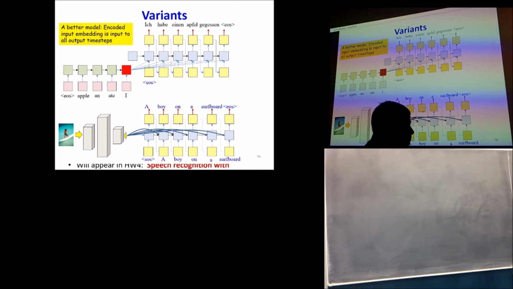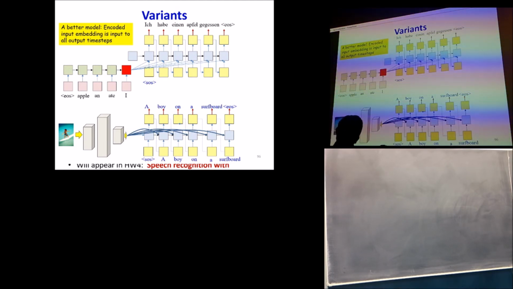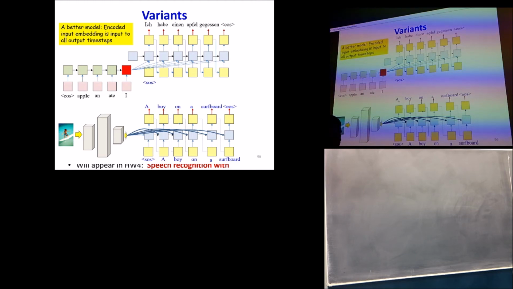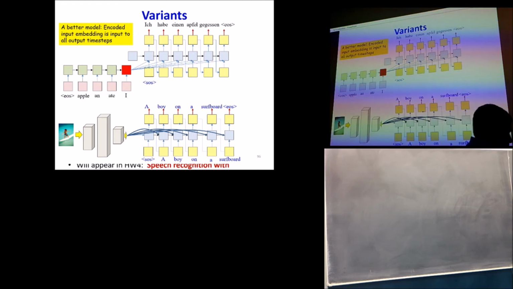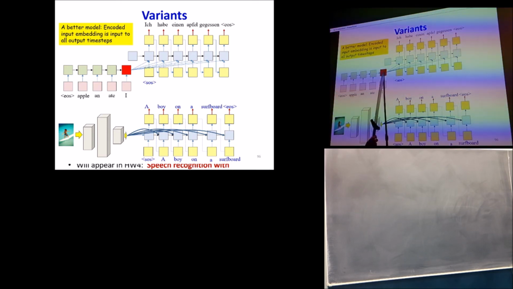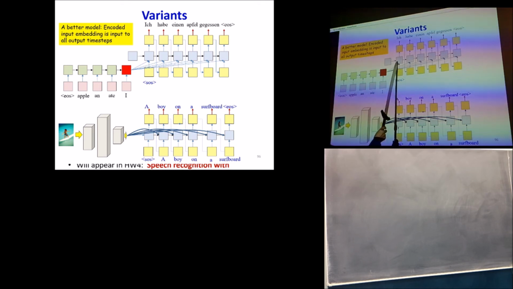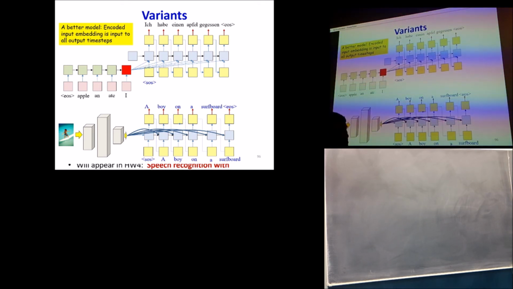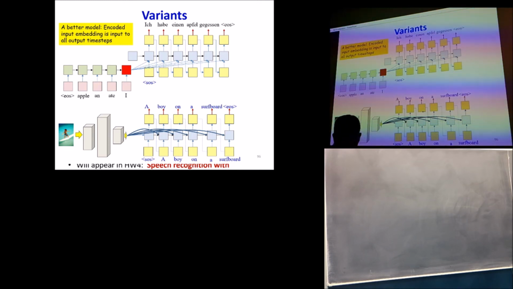Now, there are variants to this model. In the basic model, this hidden representation was fed once to the network, and subsequently the network just computed the entire output recurrently without further reference to the hidden representation.